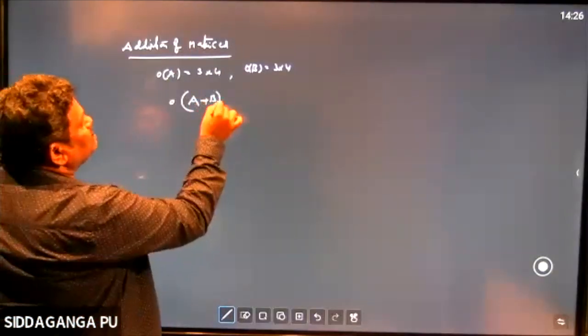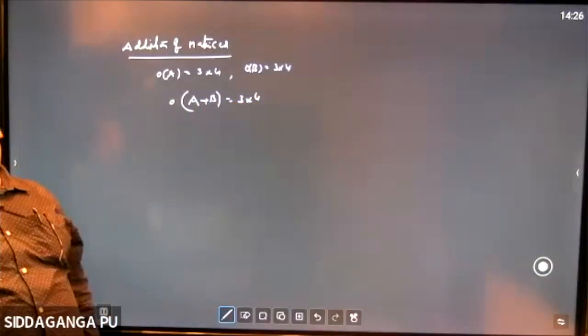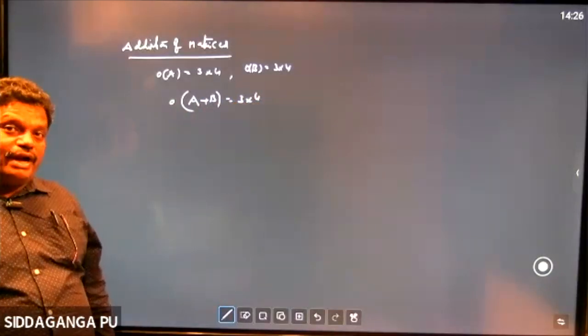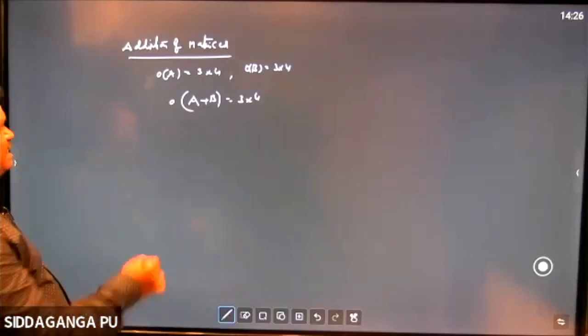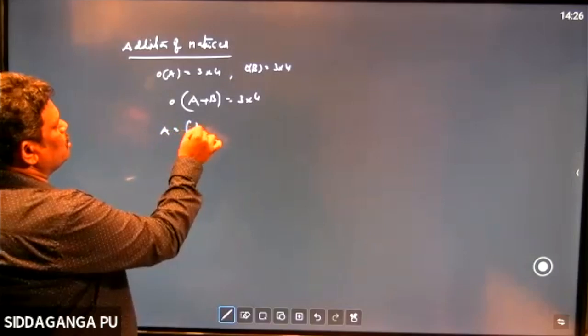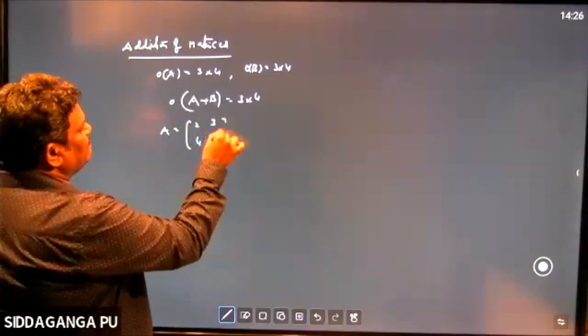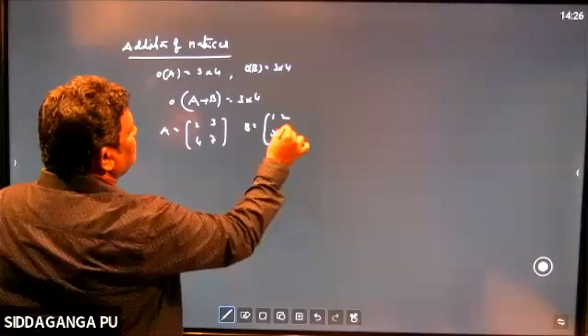The order of A plus B must be 3 by 4. Okay? So how to find it? Addition means we add the corresponding elements. For example, take a simple example, 2 by 2: A is equal to [2 3; 4 7] they given, and B is equal to [1 2; 3 7] they given. Okay?